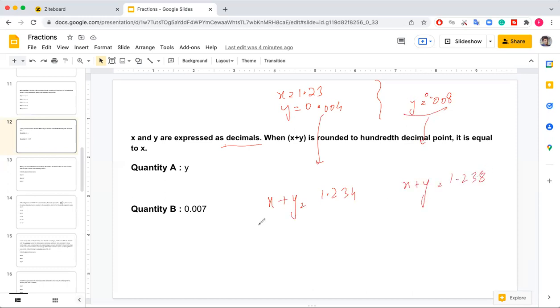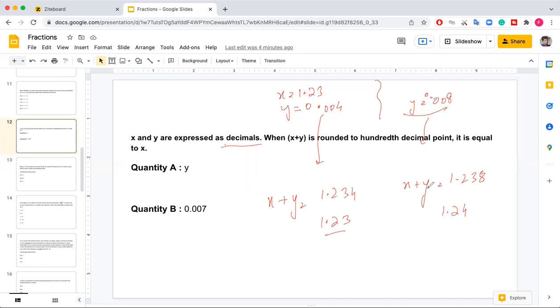That is 1.238, right? Now, if you round 1.234 to the nearest 100th, the answer will be the same, 1.23. But if you round 1.238 to the nearest 100th, it will become 1.24, right? So for rounding back to X, you must have a value less than 0.005.